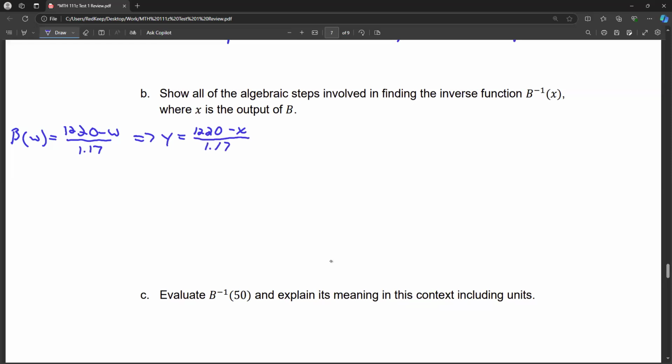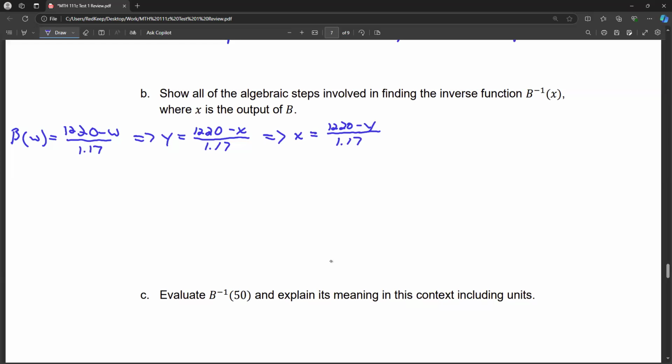The next step in this process that I like to do is to basically flip these, right? Switch the x and the y. So instead of writing y on the outside, I'm writing an x, and then instead of the x on the inside, I'm going to write the y. Perfect. And so next we're going to attempt to solve for our new y.